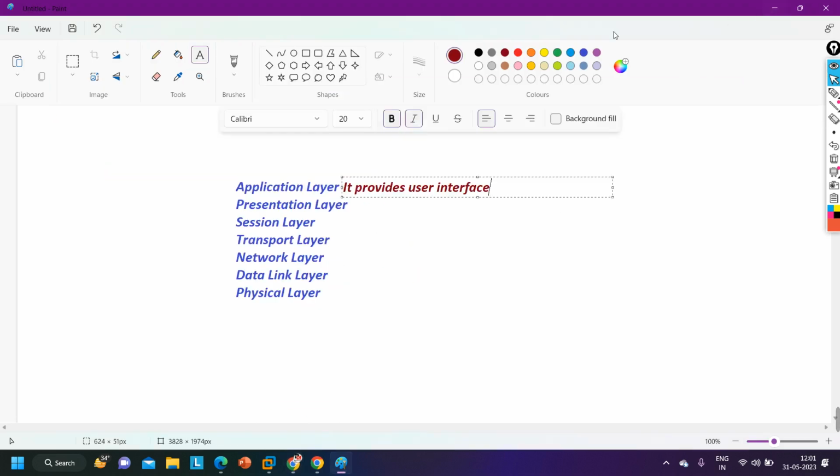So the application layer provides the user interface to the user so that the user can interact with software.